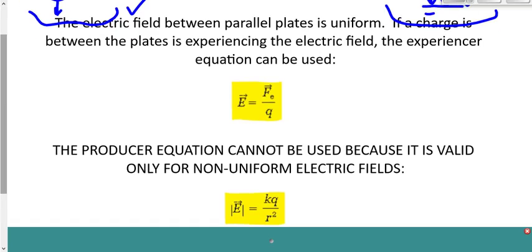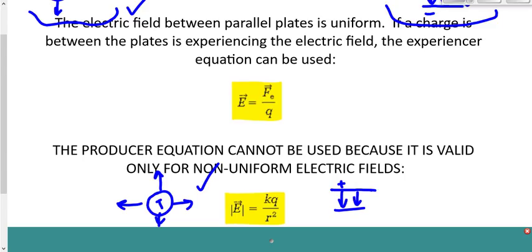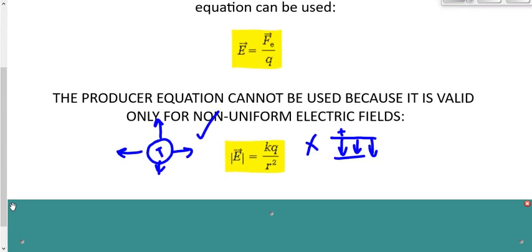It's only valid in the non-uniform field. In order to describe this uniform electric field, remember, non-uniform electric field, this equation is good for. Uniform electric field, this equation is not good for. In order to describe the uniform electric field that we see on the right-hand side there, we need a new equation.